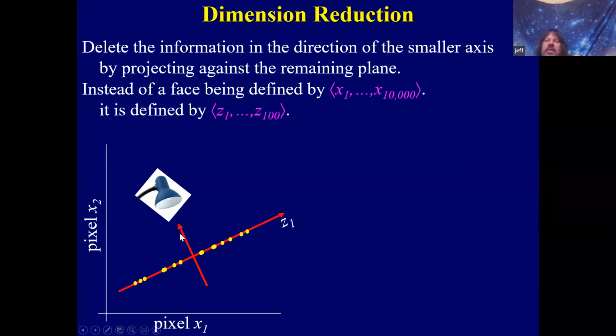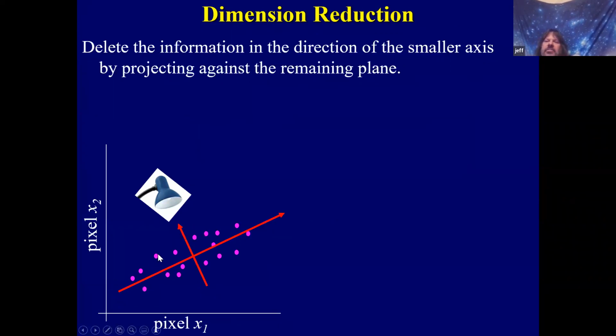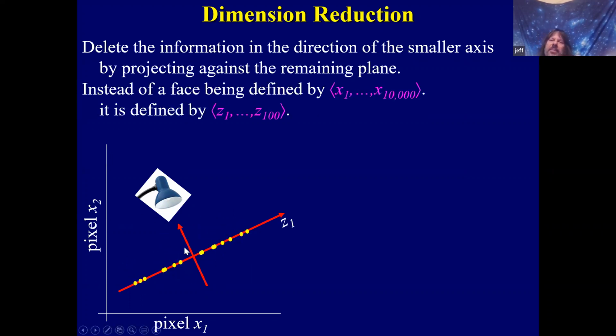You take each image as a vector, and you multiply it by some matrix, which isn't square. It's going to be a 10,000 by 100 matrix, which will give you 100 numbers. And then once you have those, you project it back.